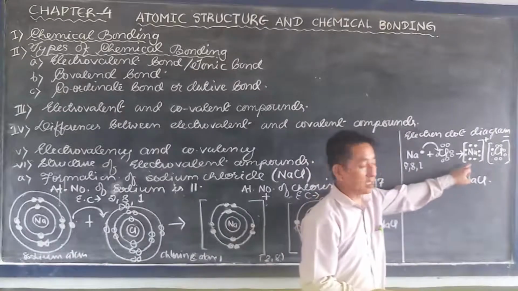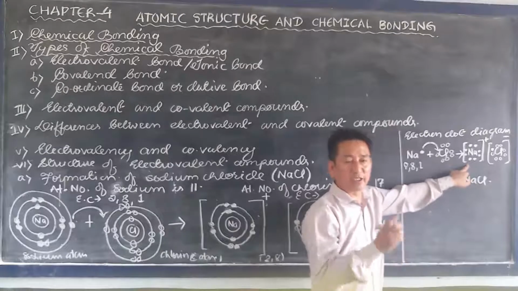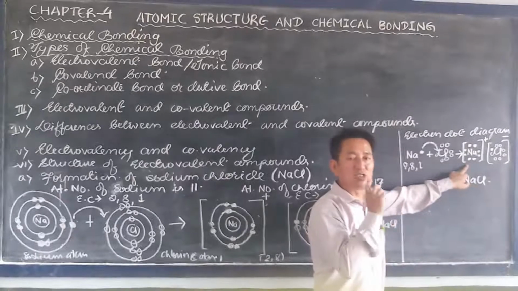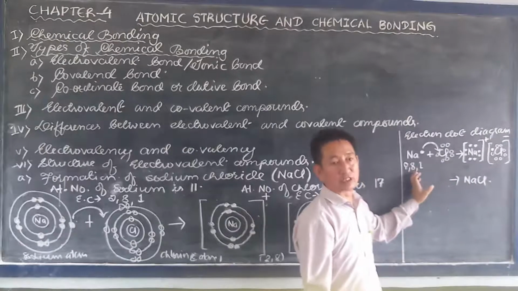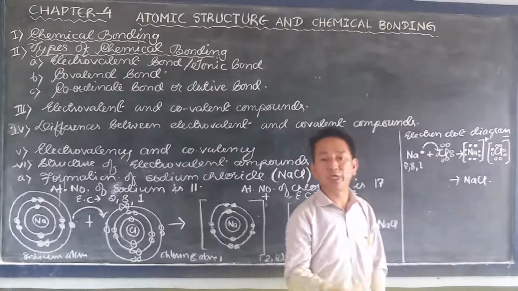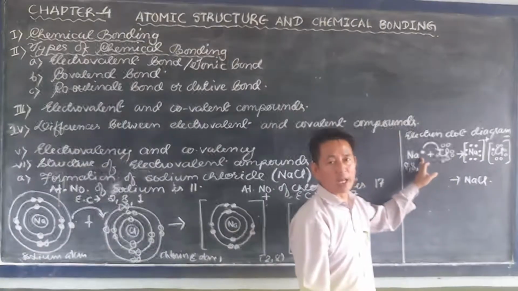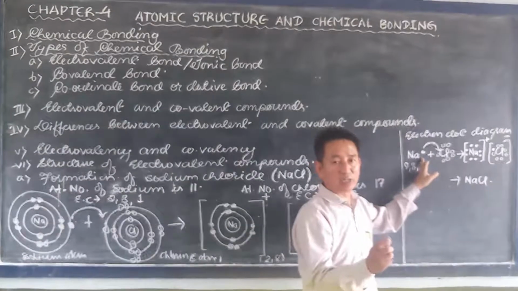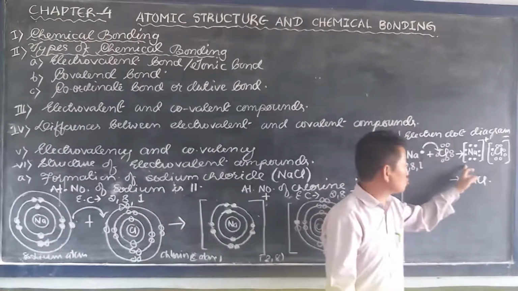Outermost cell completed with octet. Here the sodium atom is oxidized to form a sodium ion by the loss of one valence electron and acquires the stable electronic configuration of the nearest noble gas neon, that is 2, 8.